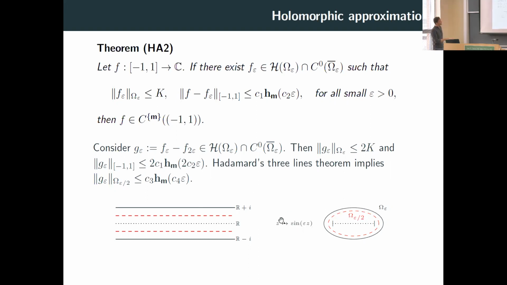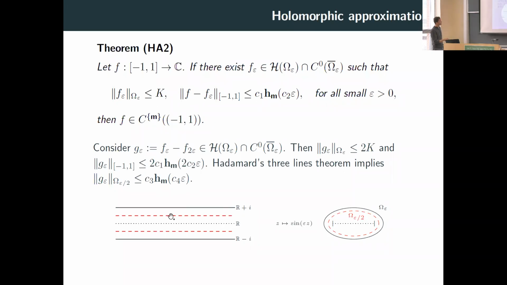Okay, and so I have the function g epsilon, which lives on the ellipse. I pull it back by this map. Now I have a function which lives on this strip, and I can apply Hadamard's three lines theorem.